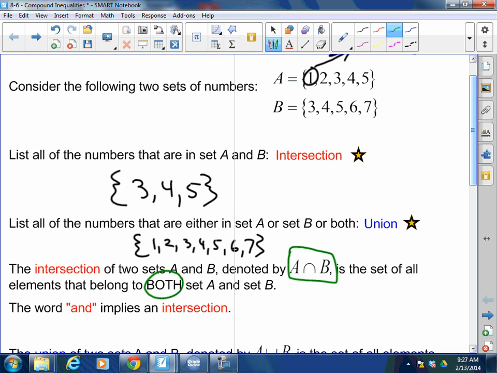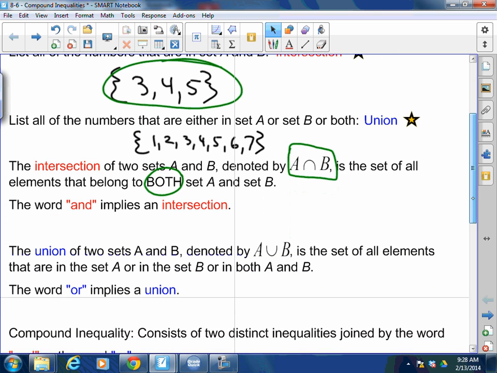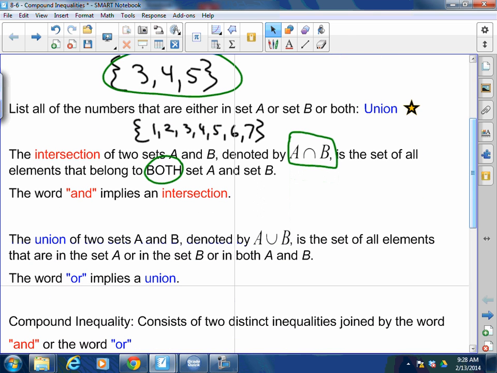That's why the intersection was 3, 4, 5. Because you got a 3, you got a 4, and you got a 5 in both. That is an intersection. Does that make sense? The word and implies an intersection. So when you see and inequalities, you'll see now what I mean by this. When you see and, you're talking about an intersection.